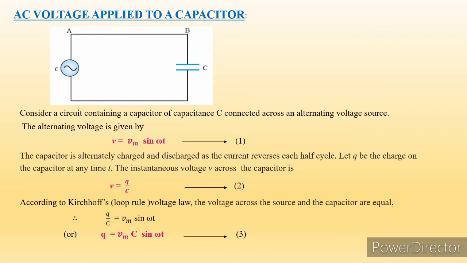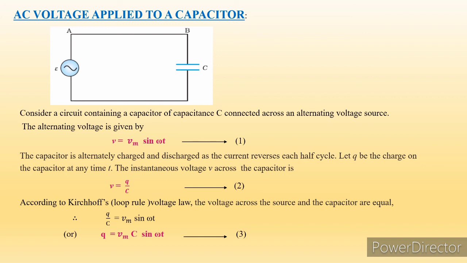The alternating voltage is given by V equal to Vm sin omega t, equation 1. The capacitor is alternately charged and discharged as the current reverses each half cycle. Let Q be the charge on the capacitor at any time t. The instantaneous voltage V across the capacitor is V equal to Q by C, equation 2.